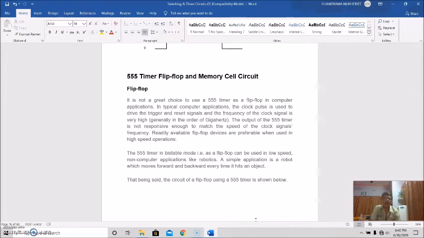The output of the 555 timer is not responsive enough to match the speed of the clock signal's frequency, and readily available flip-flop devices are preferable in high speed operations. That's why the 555 timer in bistable mode, that is as a flip-flop, can be used in low speed non-computer applications like robotics.